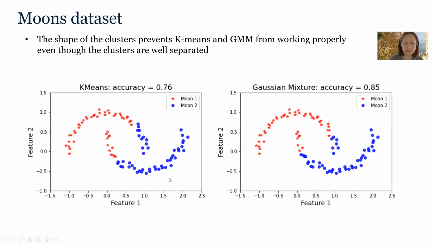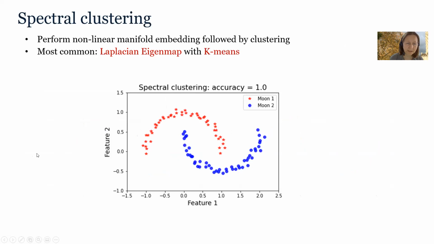And from these results, you see that these two methods struggle to identify the clusters correctly. This is obviously due to the shape of the clusters and the highly nonlinear boundary that is required for this example. And this is where spectral clustering becomes useful.